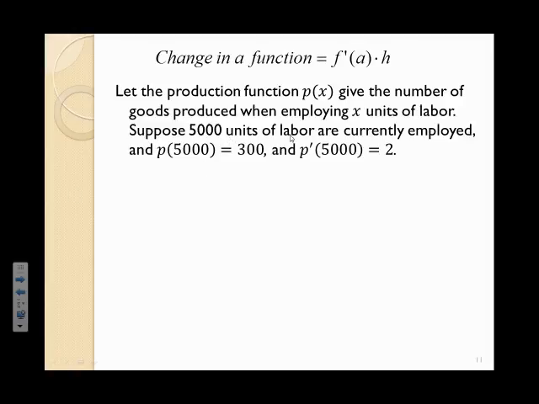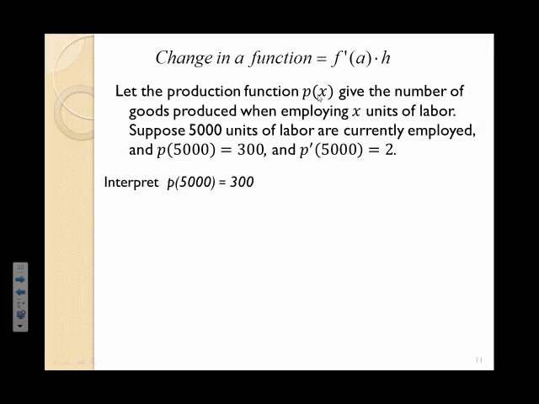Suppose 5,000 units of labor are currently employed, and we're told that P of 5,000 equals 300 and P prime of 5,000 equals 2. Well, what does P of 5,000 equals 300 actually mean? If we go back to this, P of x is the production function.